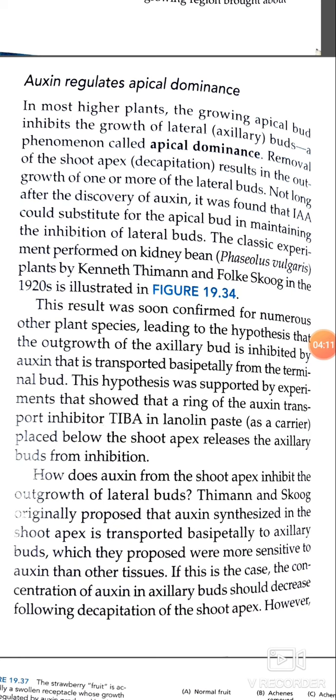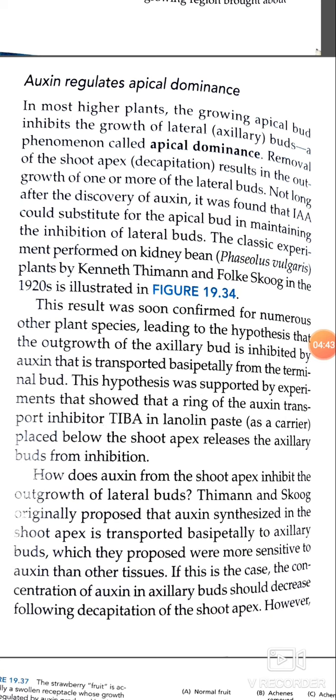Removal of the shoot apex, or decapitation, results in the outgrowth of one or more of the lateral buds. Not long after the discovery of auxin, it was found that IAA, indole acetic acid, could substitute for the apical bud in maintaining the inhibition of lateral buds.